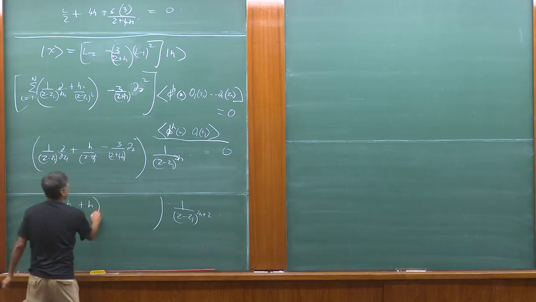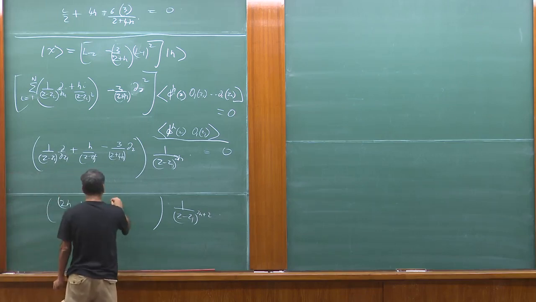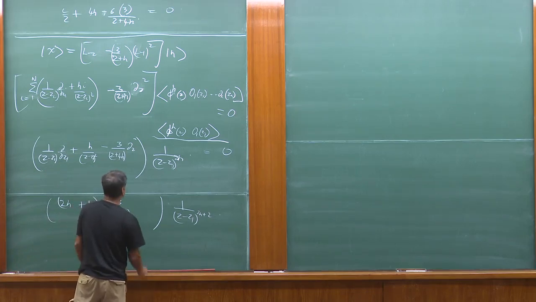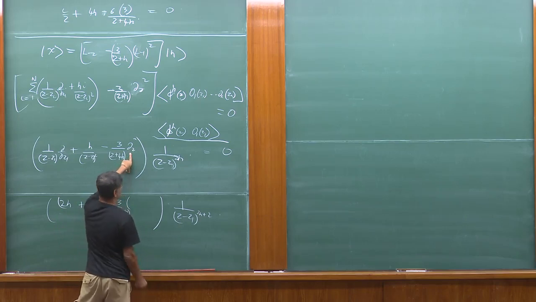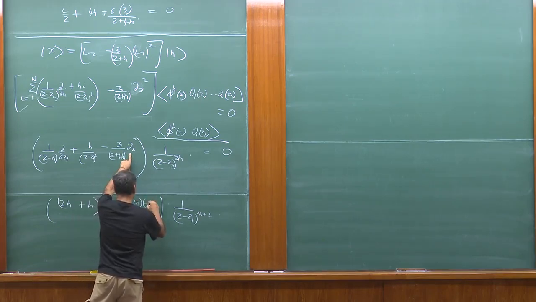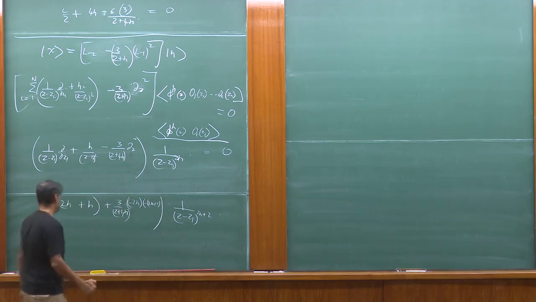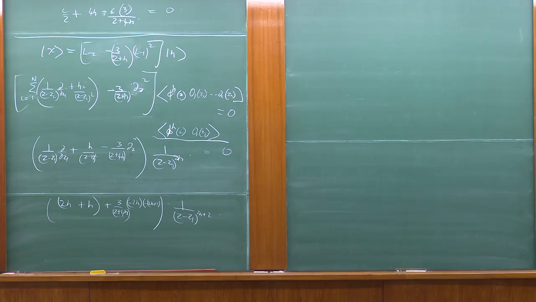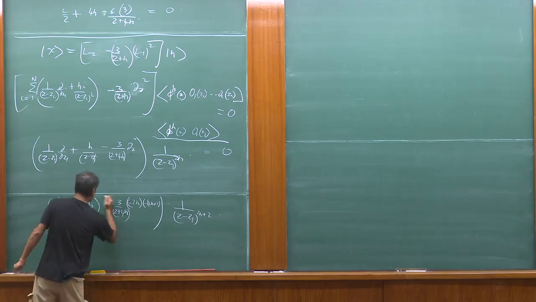And this guy gives plus 3 by 2 plus 4h, into, now we're differentiating with respect to z here, so we get minus 2h, into minus 2h plus 1. Is that okay? And there's a minus here.